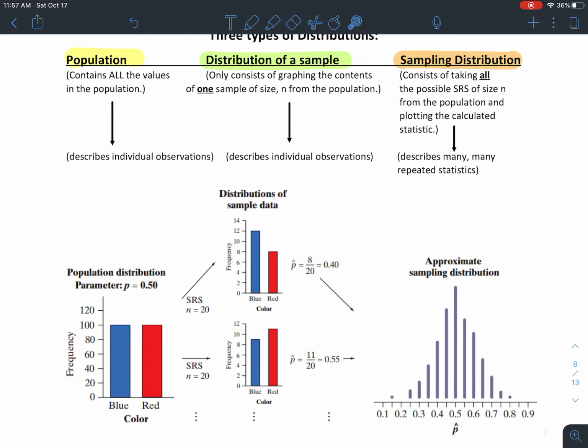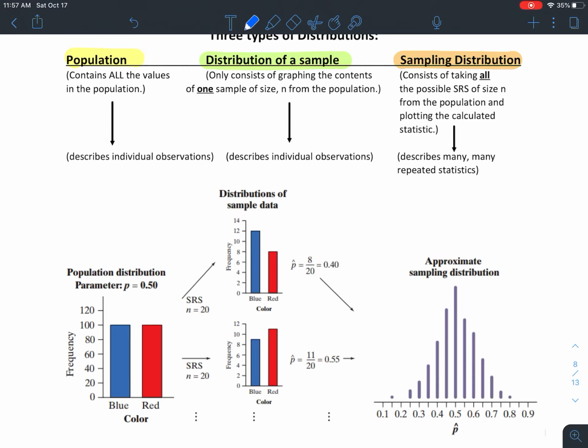This is actually representing that reaching for beads activity, where I believe we said half of the beads were red and half of the beads were blue. So you can see this is just a frequency here. We have 100 red beads and we have 100 blue beads. This is the population distribution because it's showing the counts for each individual in the population.